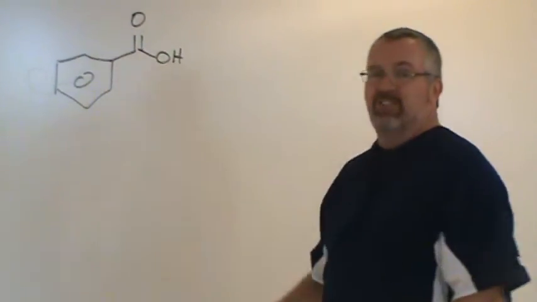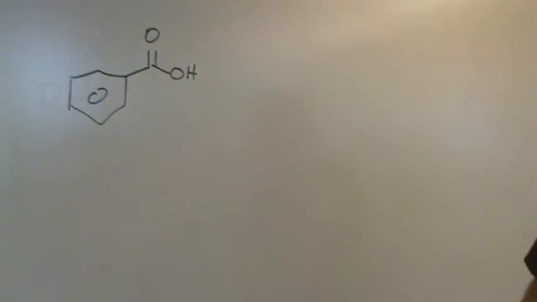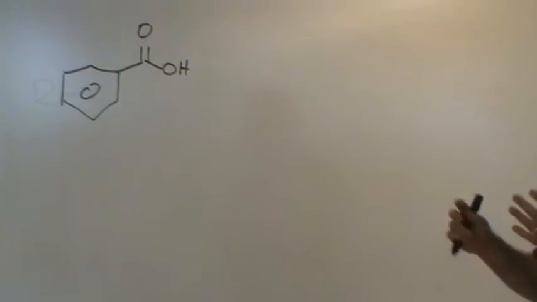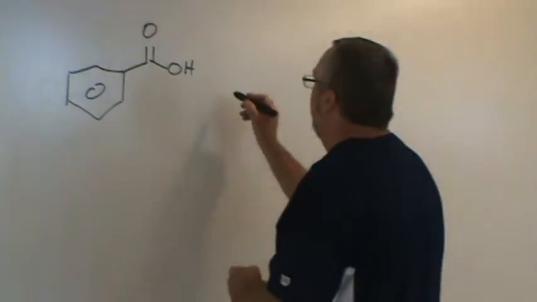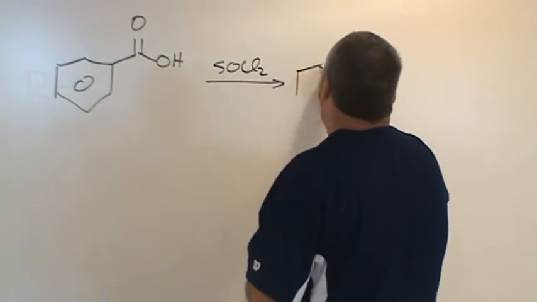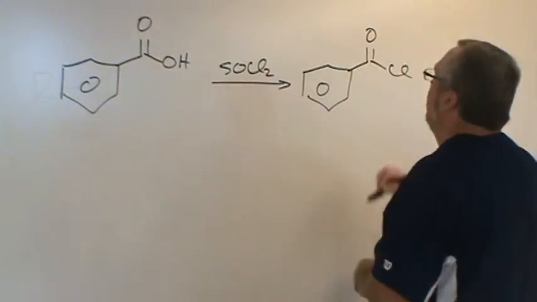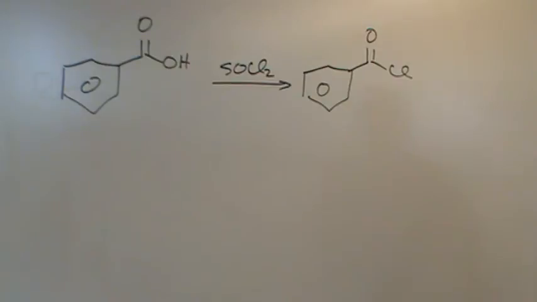The carboxylic acid itself, the benzoic acid, isn't going to do nucleophilic addition elimination chemistry at all. We're going to have to convert it into one of those carboxylic acid derivatives, and we've just discussed the acid chloride is a great way to go because it's such a reactive species. So let's go ahead and convert it into the corresponding acid chloride, benzoyl chloride, and there it is. Simple reaction with thionyl chloride.